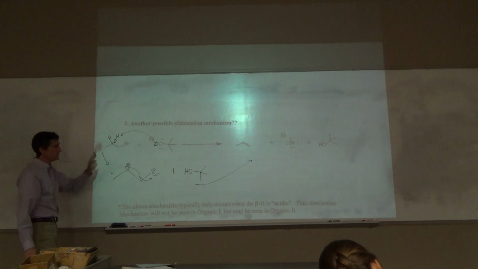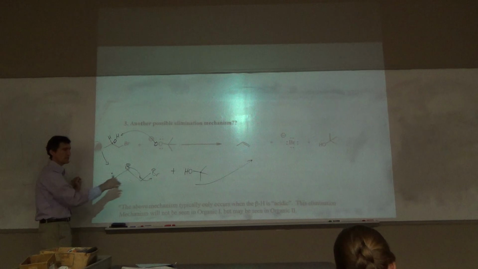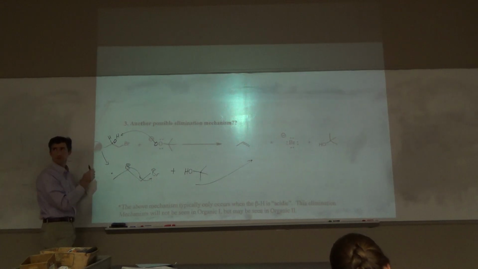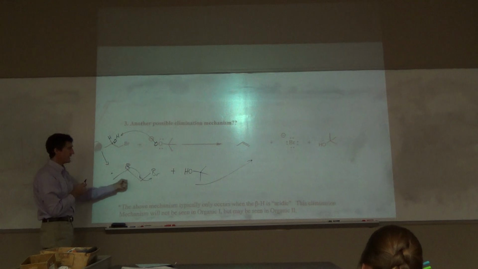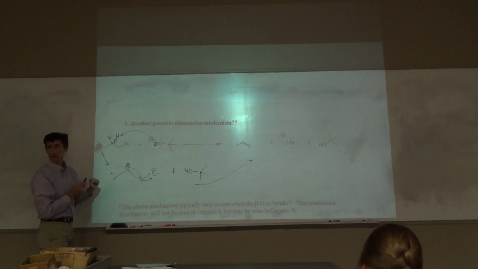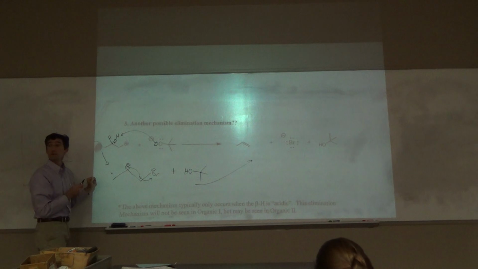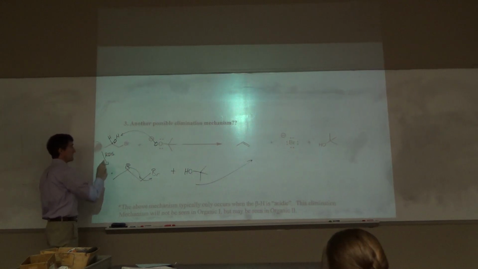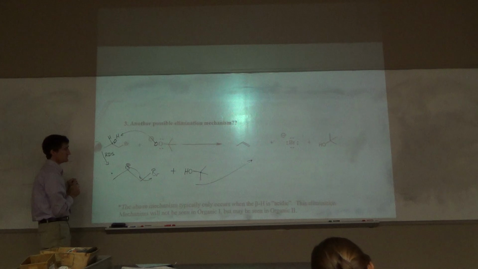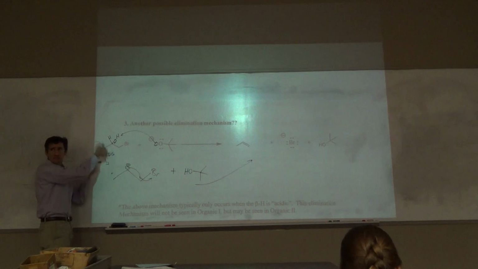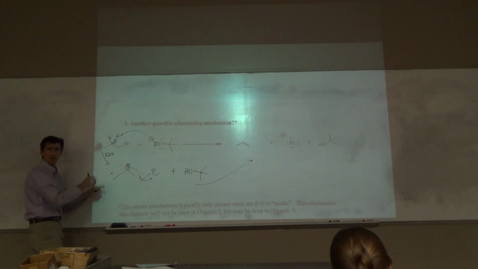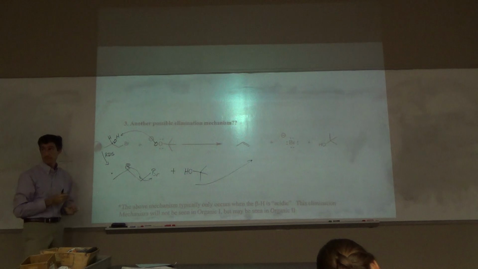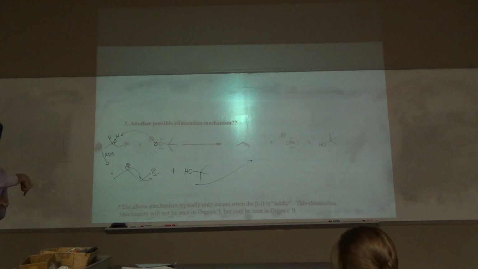Also, what do you think would be the rate determining step here? It's two steps, make the anion and then eliminate. Which do you think is rate determining? First or second? Making the high energy anion or going back to the neutral product? Yes, the first is the rate determining step. Question here. Does the leaving group leave in the rate determining step in this mechanism? No. What about the previous two?